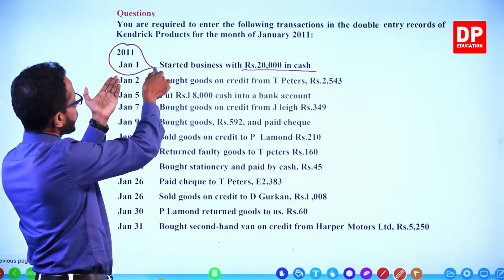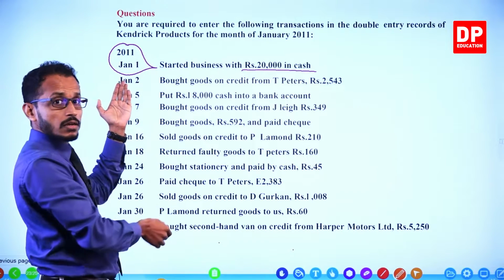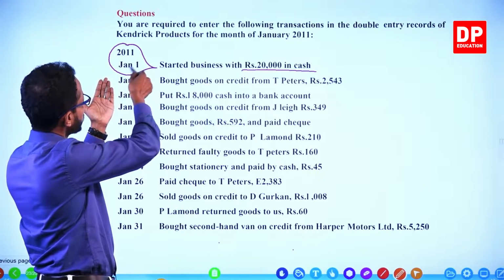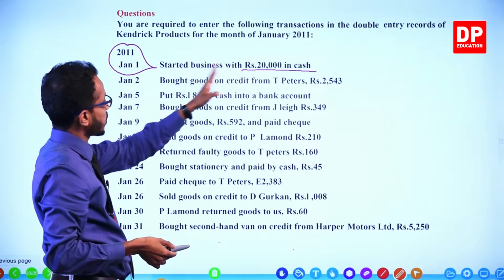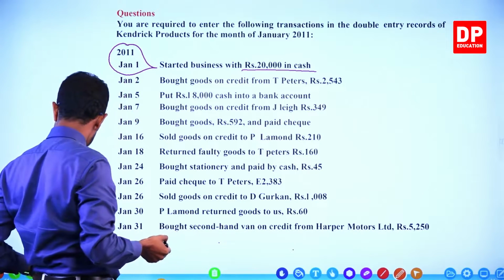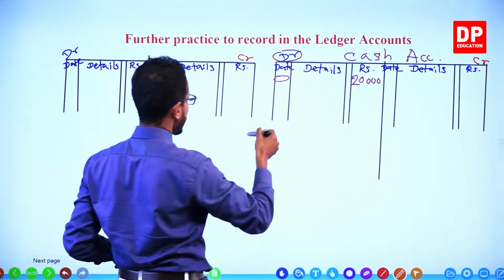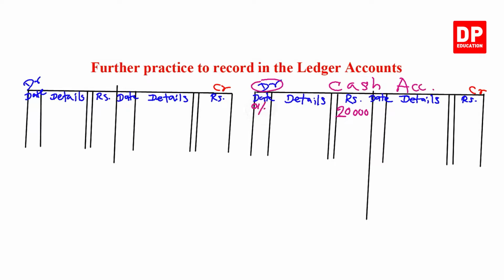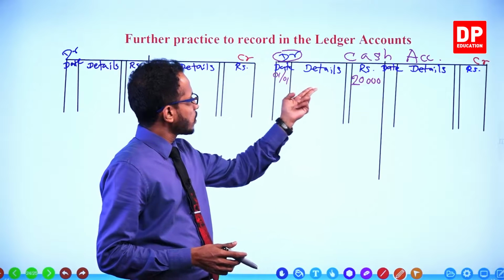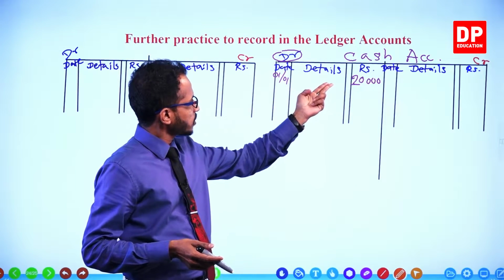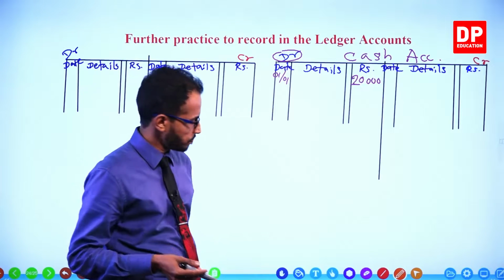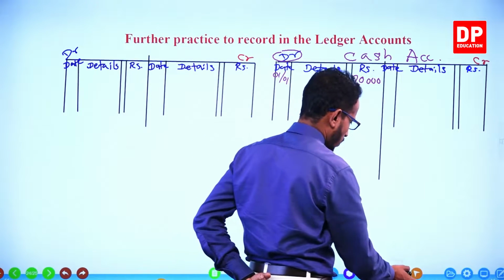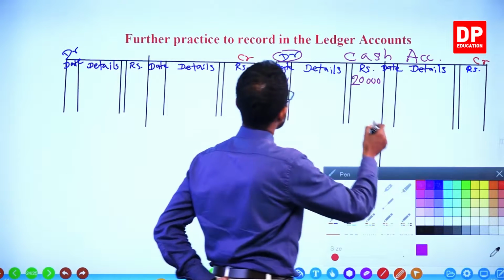No, 1st January. Let's fill out the date also. 1st January. So then, what should be the detail or description? What should come here?